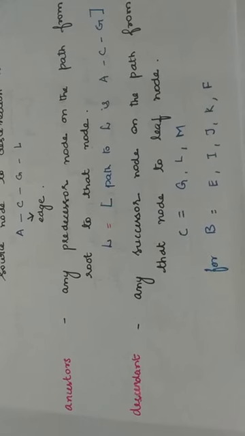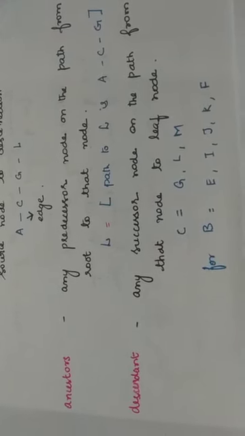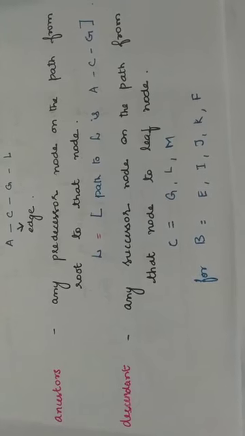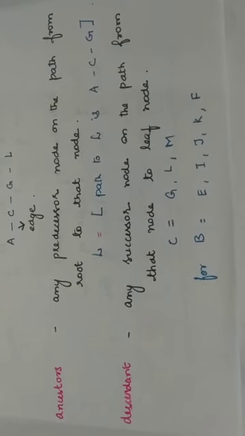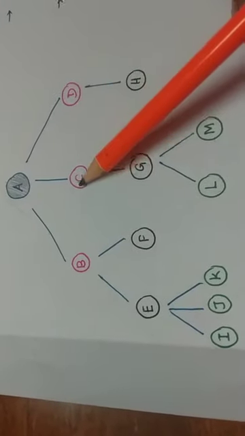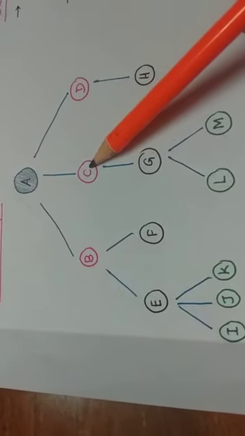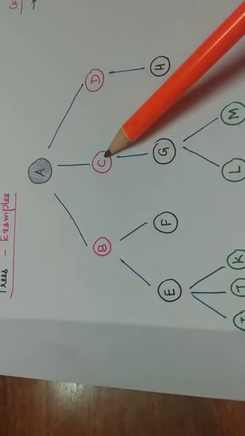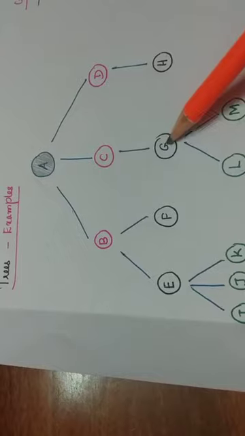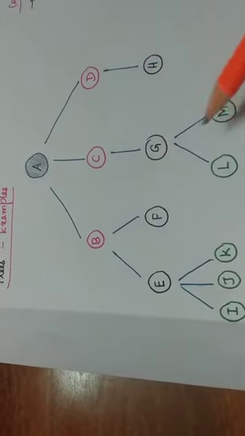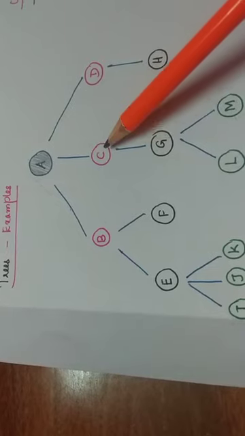The next terminology we see is descendant node. Any successor node on the path from that node to the leaf node is called a descendant node. For example, suppose I wanted to find the descendants of C. We have to find the successors on the path from that particular node to the leaf node. So what is the successor node from C?